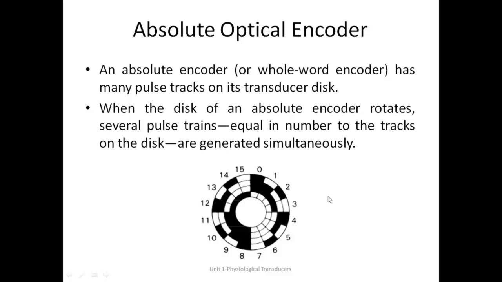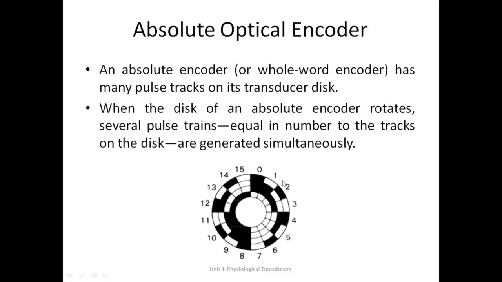This 1110 corresponds to slot number 15. So if the output of the absolute optical encoder is 0001 and it corresponds to slot number 15, we know the disk has rotated almost 360 degrees and reached the 15th slot.